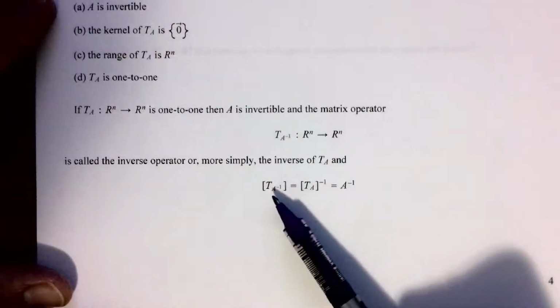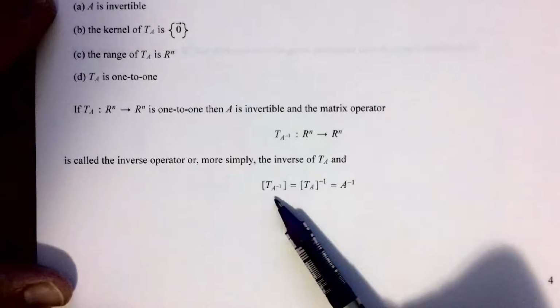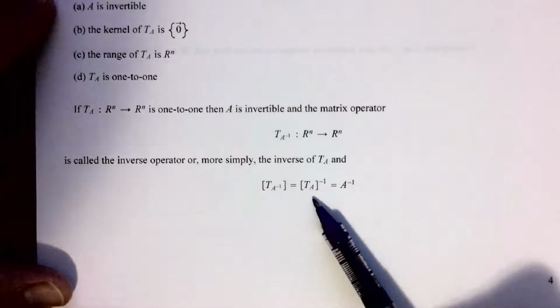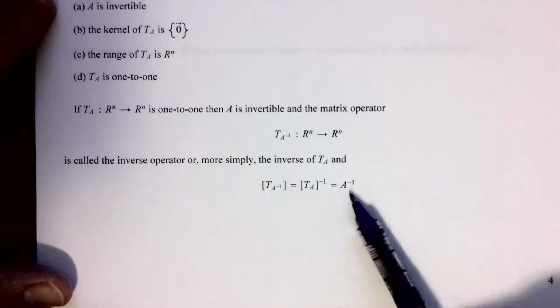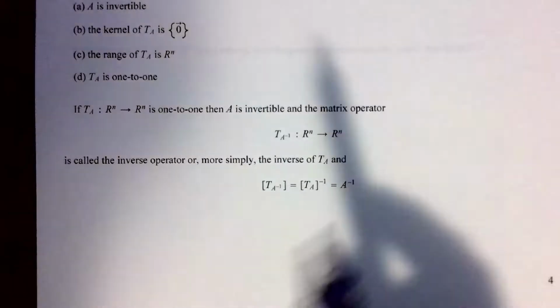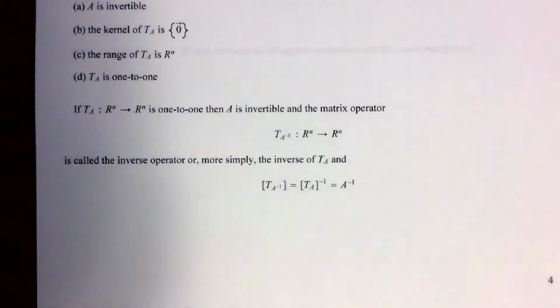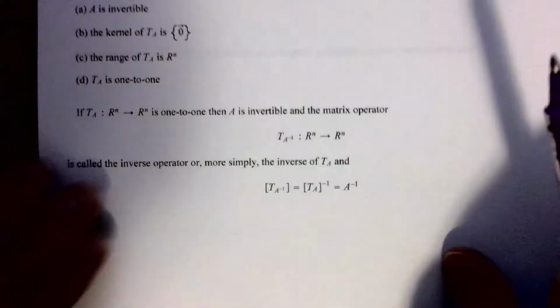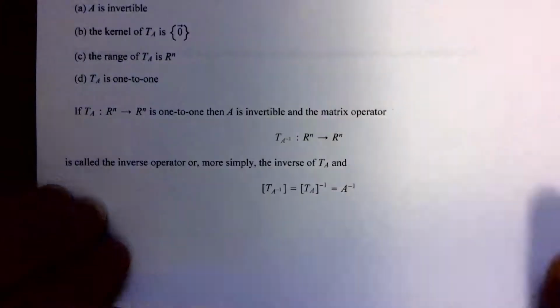And quite simply, the standard matrix for that operator is going to be the inverse of the standard matrix for the operator T sub A, which is just A inverse. So it's just the idea of inverses from the transformation view.